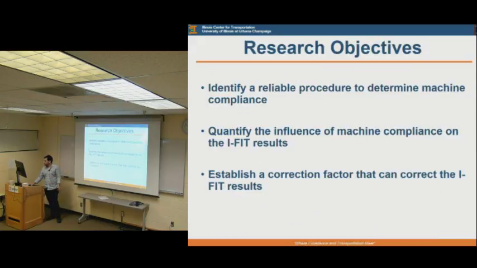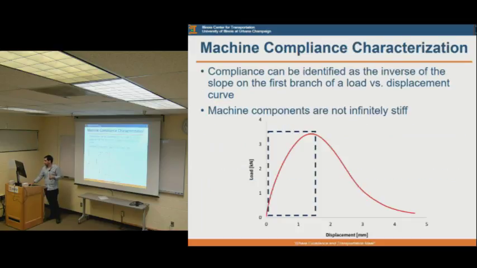So we want to come up with a procedure to find out how much a single machine will actually change the test results, and come up with a correction factor and see if that correction factor will help us in these tests.